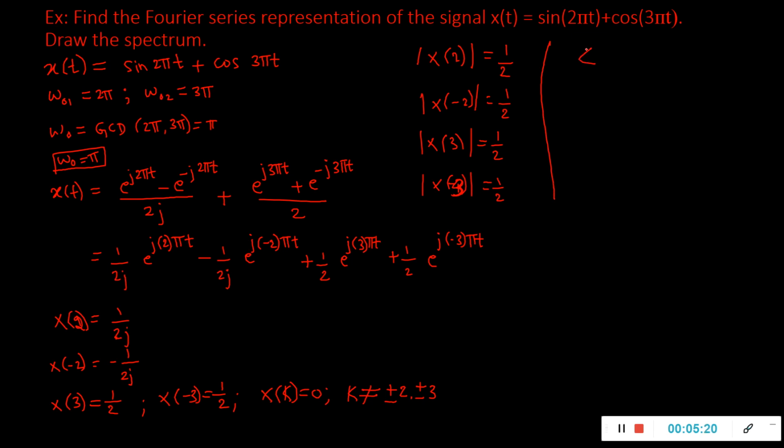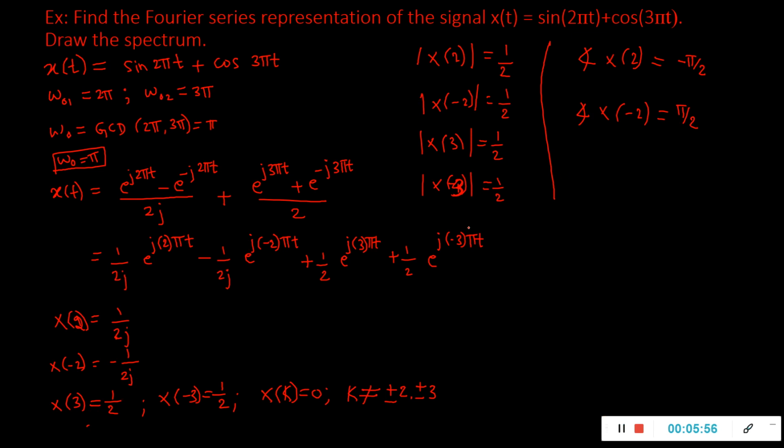The angle of x of 2, as you can see here, is going to be minus pi by 2, and the angle of x of minus 2 is now equal to pi by 2. And you can see here that the angle for other values of k will simply vanish.